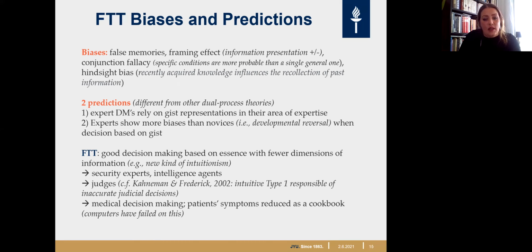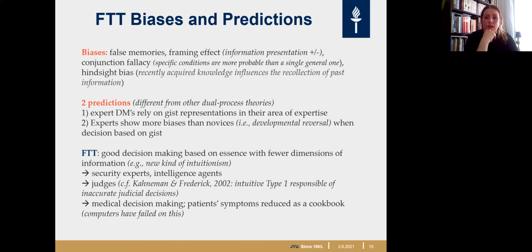and they give this example that even though we would have a long list of different kinds of symptoms, and we would have a cookbook of all of those, still we do not have, at least yet, computational approaches that would sufficiently involve all of these, so that we wouldn't need this gist-based decision making.